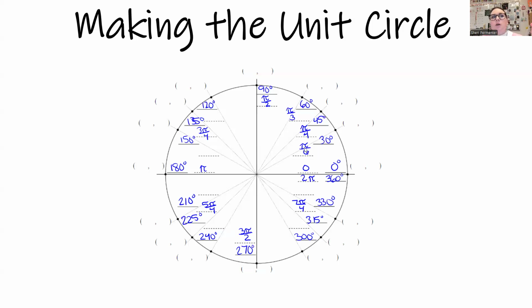circle. So 1 pi over 6, 2 pi over 6, and that reduces, 2 pi over 6 reduces to pi over 3. This would be 3 pi over 6, which reduces to pi over 2.